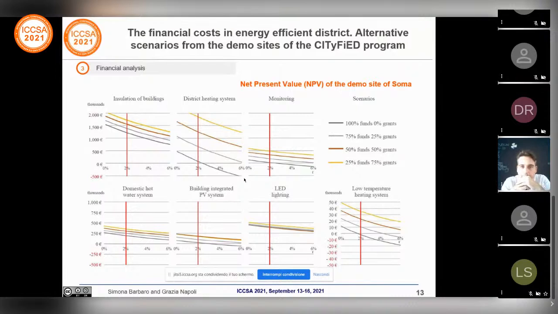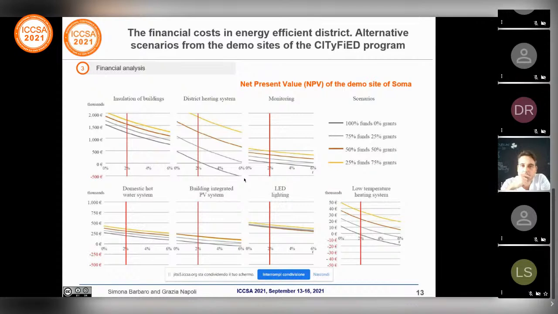The graphs have very different curves in terms of position and shape, and the interventions are affected by grants to different degrees. 3 measures, building insulation, domestic hot water, and LED lighting, always have positive values, both with and without grants, so they do not need to be financially supported.